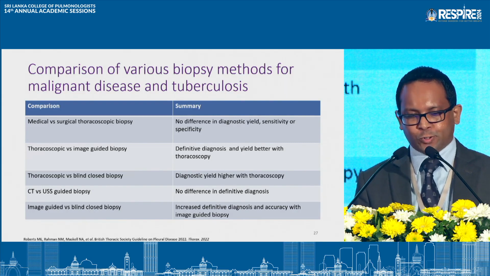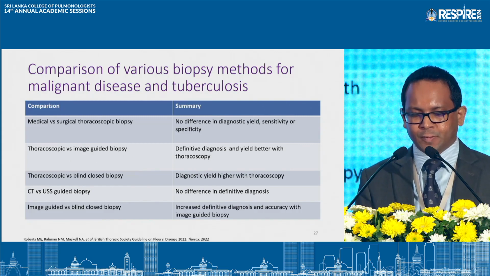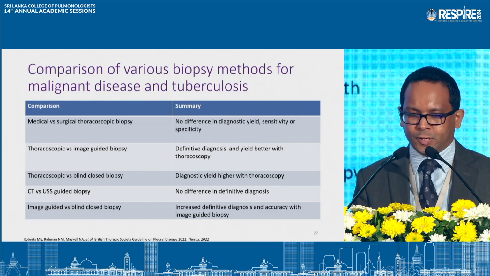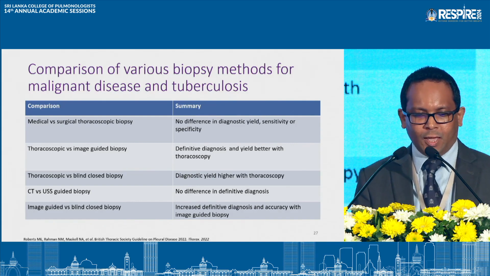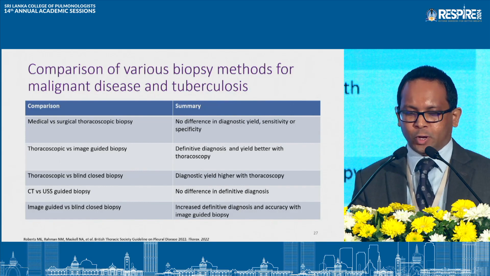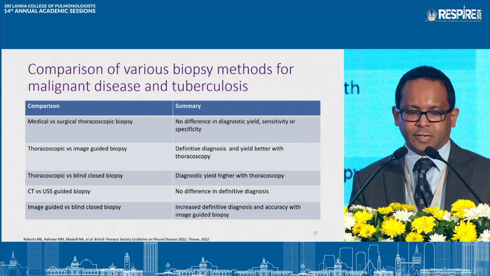What about thoracoscopy, either surgical or medical, versus image-guided biopsy? Here, obtaining biopsies under direct vision of thoracoscopy is better for definitive diagnosis and yield. And thoracoscopy is definitely better than blind closed biopsy with an Abrams needle or a cutting needle.